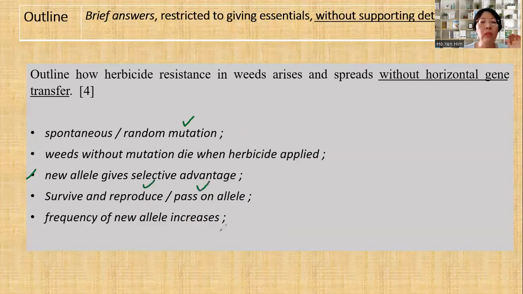I think there are 4 points already. But too bad, number 3 and number 4 are put together as one marking point, because they want you to tell the whole story. This is not a full stop yet. The story must continue until here. So even though it's 4 points, please write all that you know that is correct and related to this question, so you can score full marks.